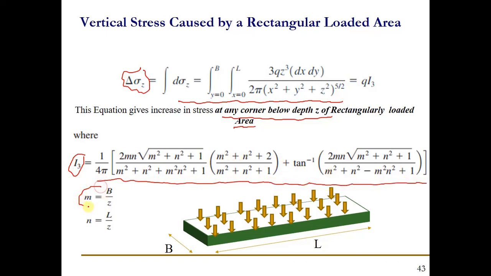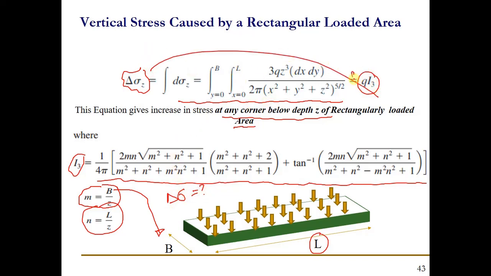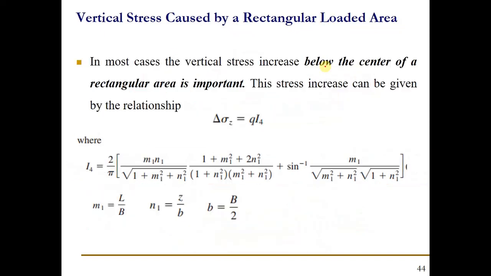And what is M? M is equal to B by Z. B is the width of the rectangular footing, and L is the length of the rectangular footing, and Z is the depth at which we are interested in to find out the delta sigma. So you can note down this equation to find out delta sigma.